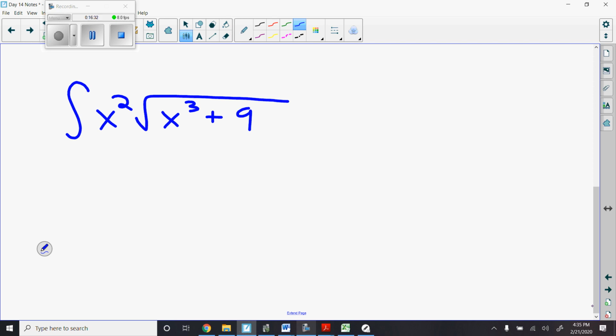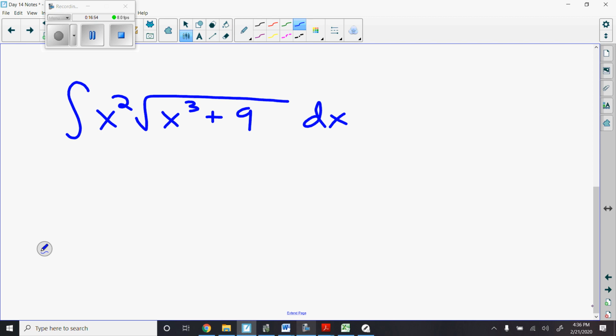Hold on. Again, this is a nasty looking integral. But what I have here is the integral of x squared times the square root of x cubed plus 9 dx.